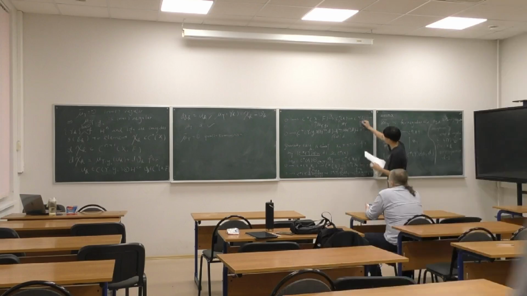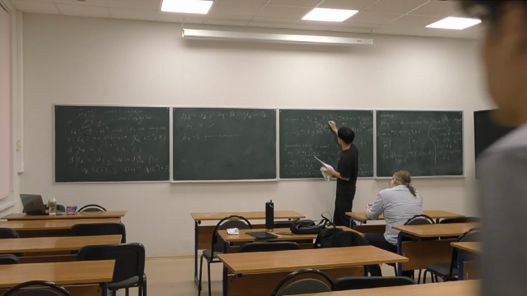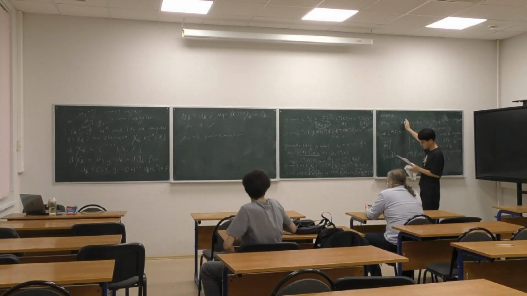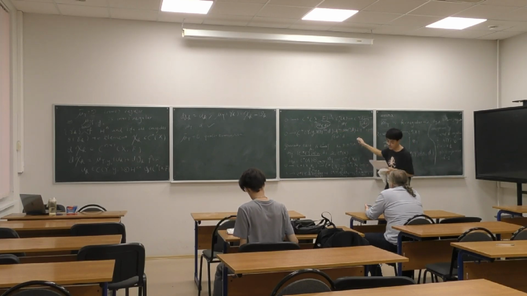Here is a quasi-isomorphism, and you can use the lemma again. You will get this is also a quasi-isomorphism. You just apply the lemma, and then you use the five lemma of the short exact sequence. You can know this is an isomorphism.